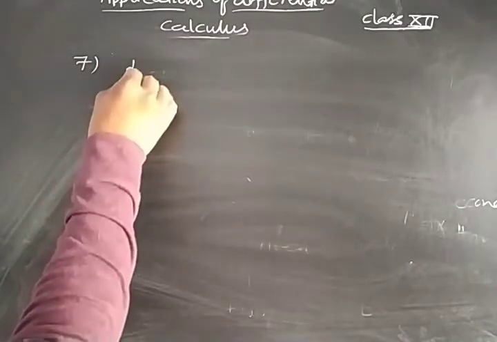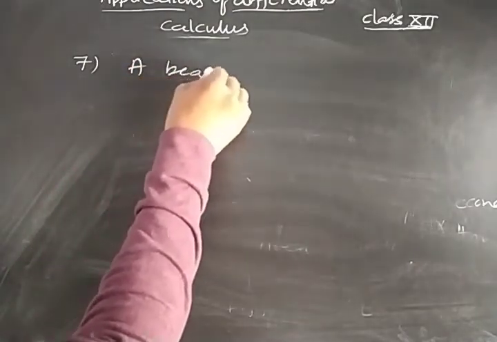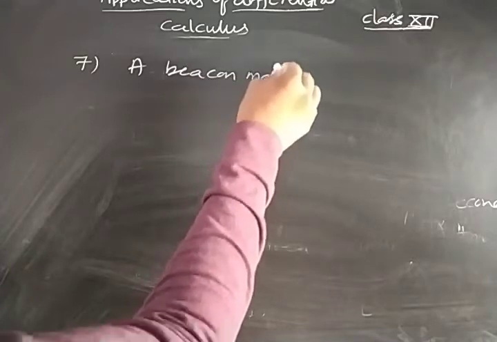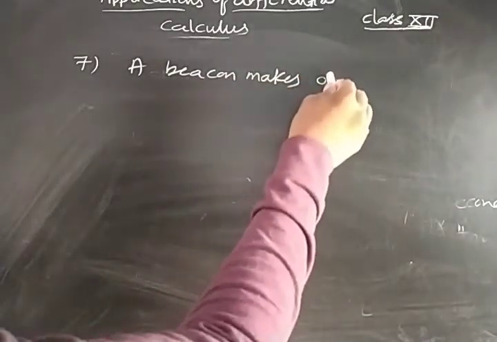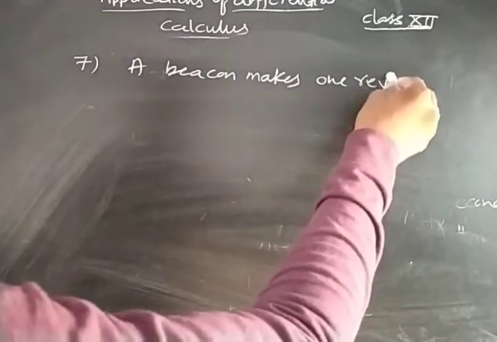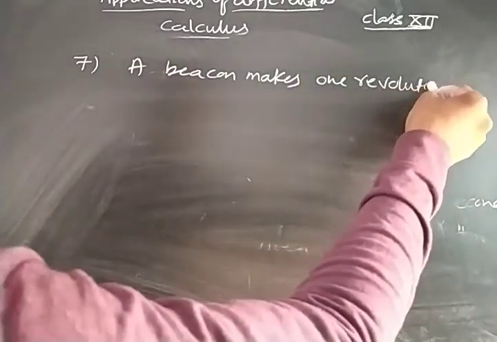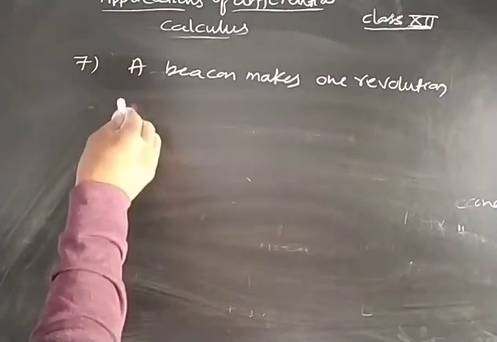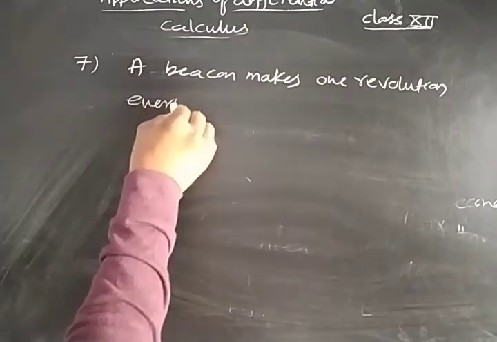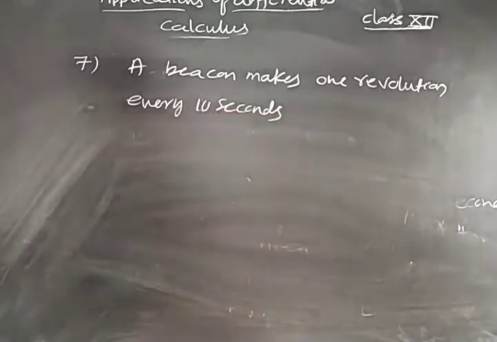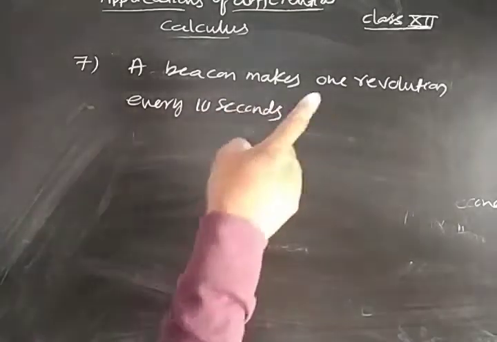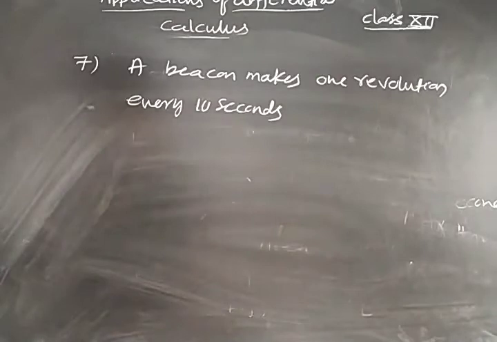A beacon makes one revolution every 10 seconds.